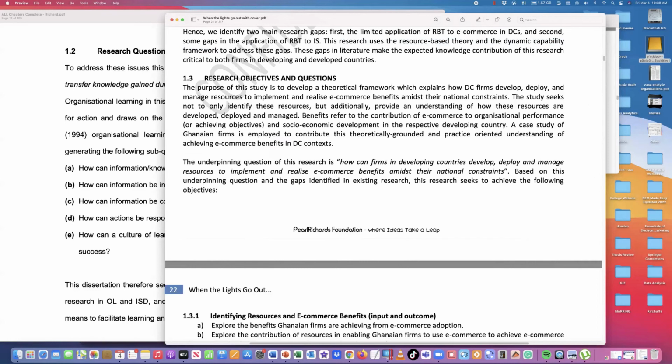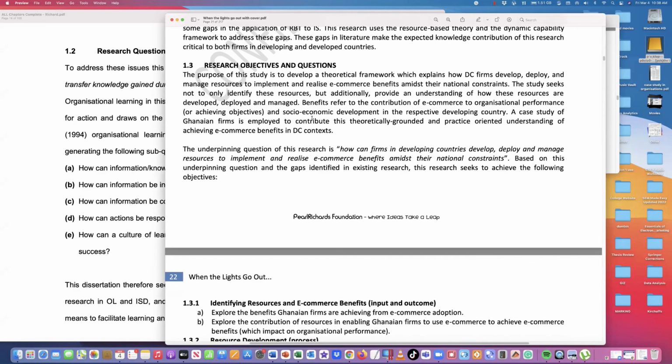The study seeks not only to identify these resources, look at the word, it is resource, but additionally provide an understanding of how these resources are developed, deployed and managed.